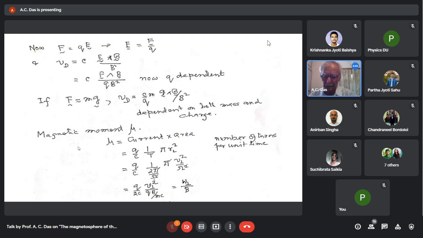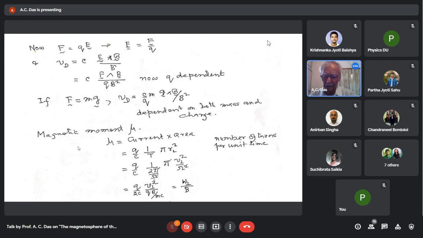If you use Maxwell's equation, the divergence of B equal to 0, you can express that in cylindrical coordinates, which I have written on the right hand side: del by del r a_r, 1 by r del by del theta a_theta, del by del z a_z. If you put that in, we get an expression on the left hand side, 1 by r d by dr of r Br plus dBz by dz, which is equal to 0.